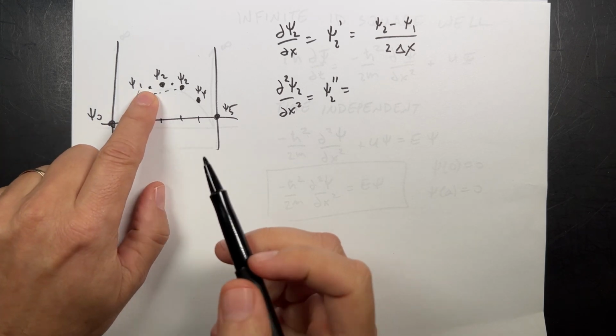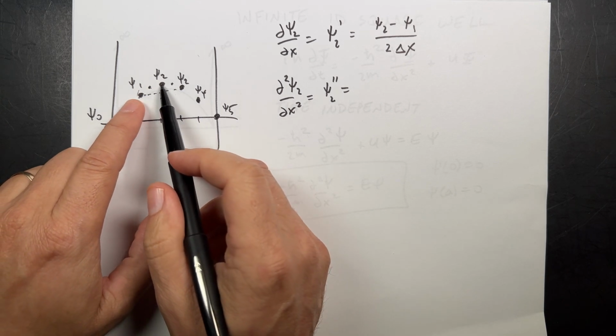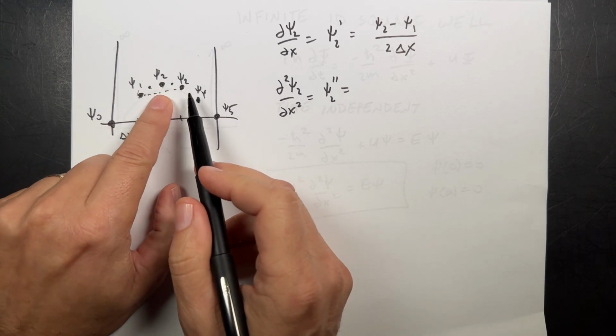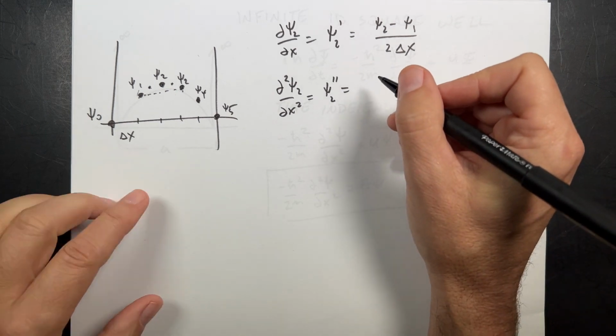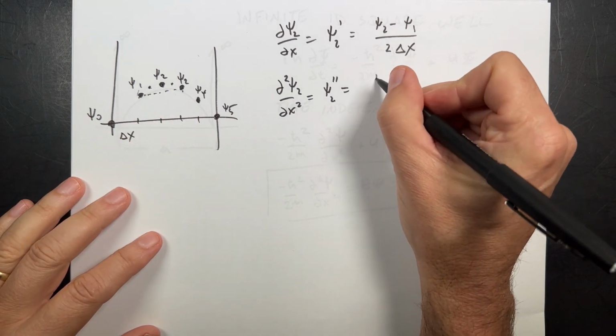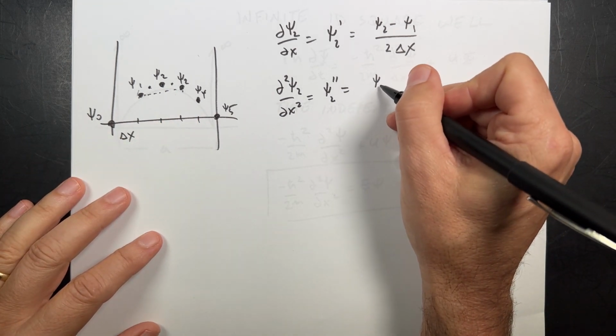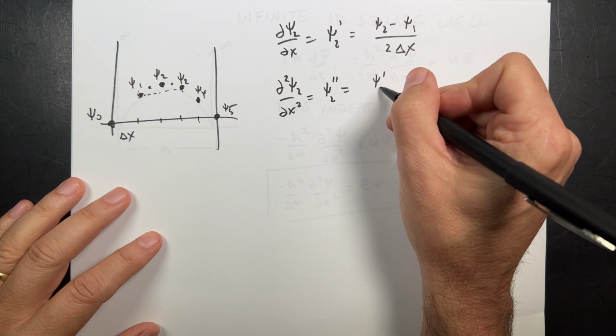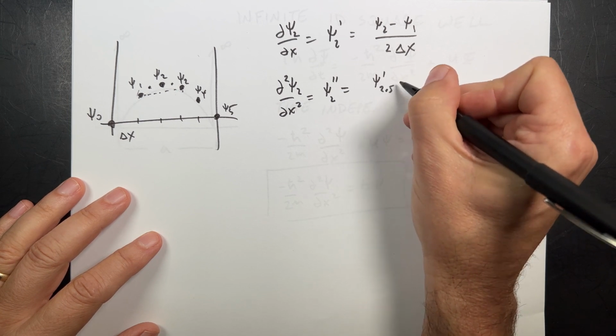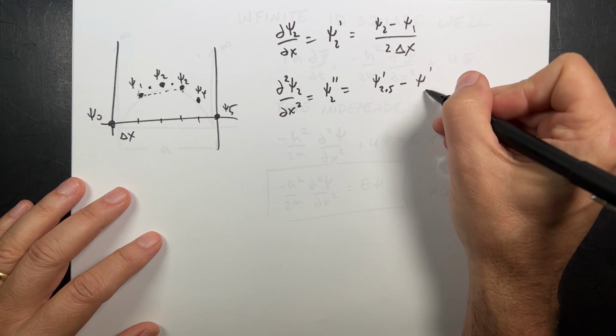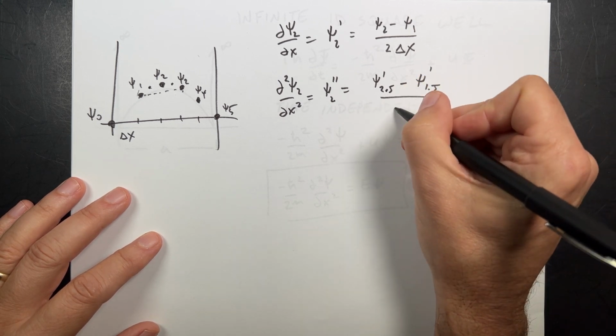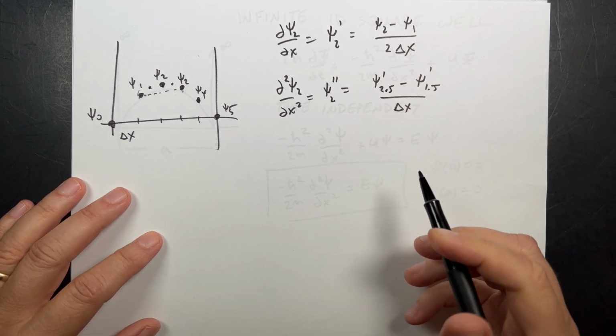For that half interval derivative, I can use these two points, and for that other one, I can use those two points. So I can write this as psi prime 2.5 minus psi prime 1.5 over delta x. And that's what I'm going to do.